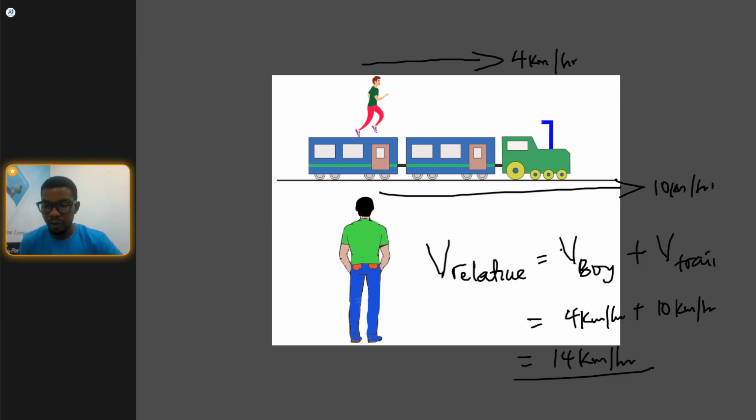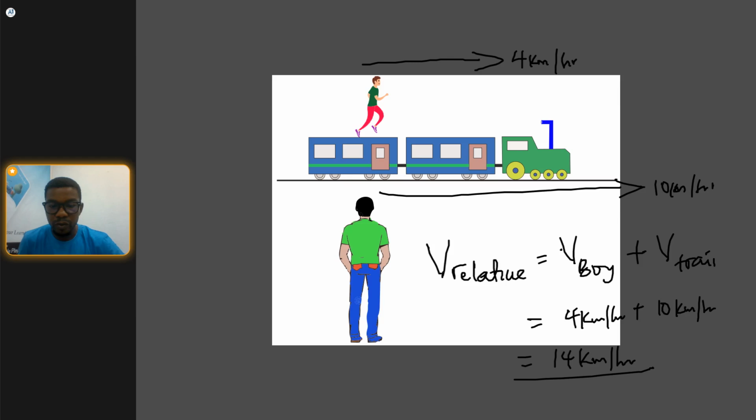I believe that is clear to us. All right, so that's the second point that we have derived from relative motion. We want to proceed to the next one, which is the last fact about relative motion.